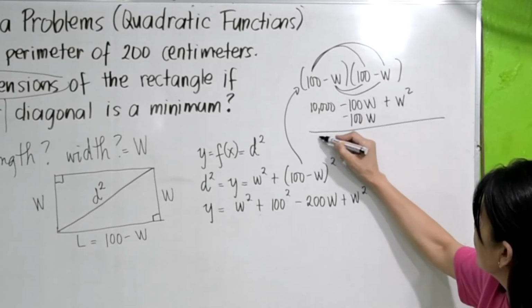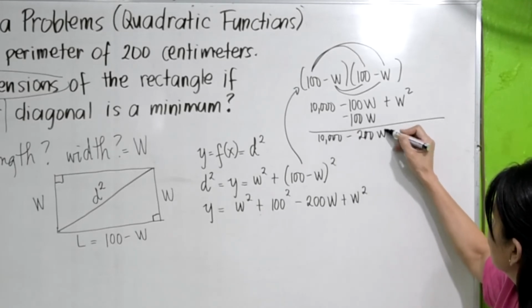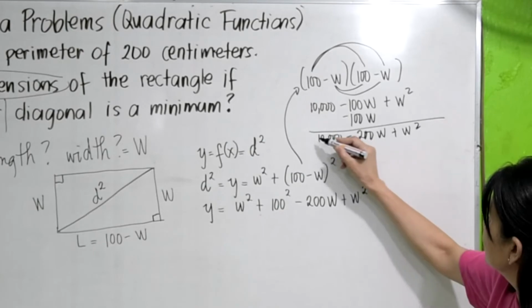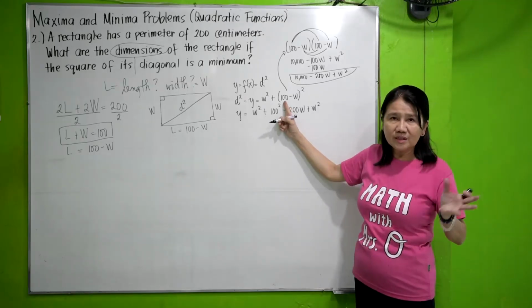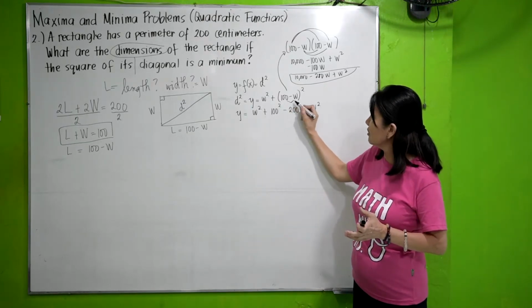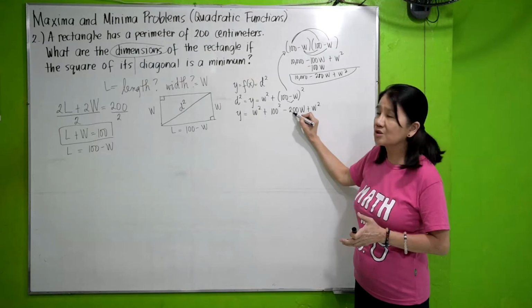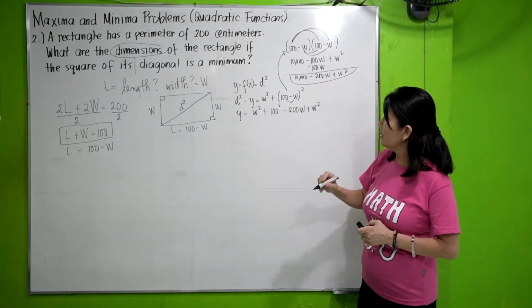So you end up with 10,000 minus 200 W plus W squared. There. Here, I took the shortcut: square 100, multiply this to 100 W times 2, so that's 200 W, and square the second term, W, is W squared.